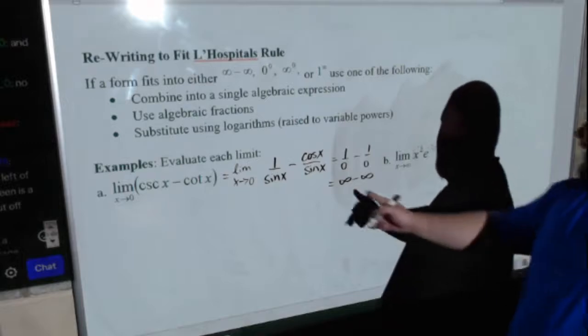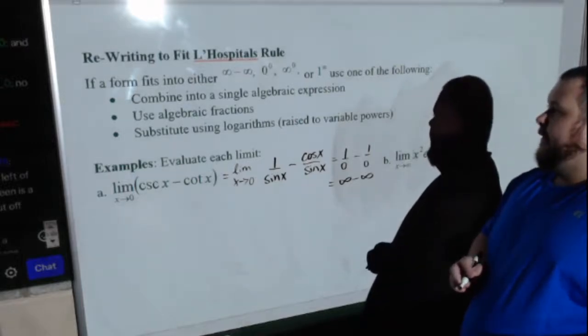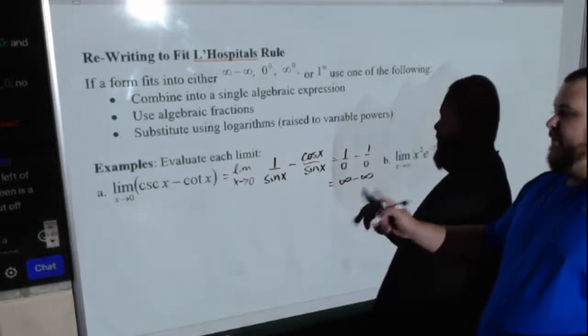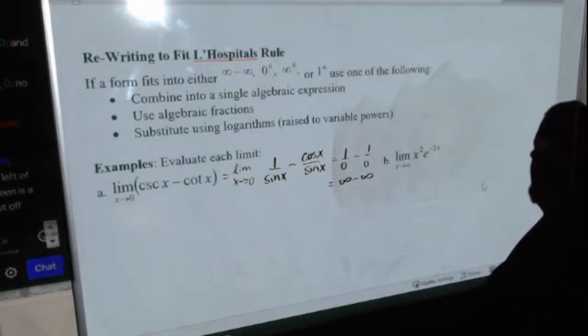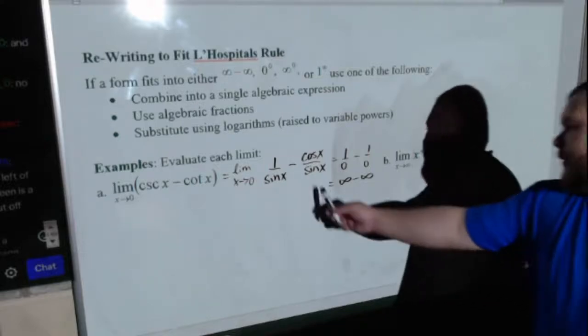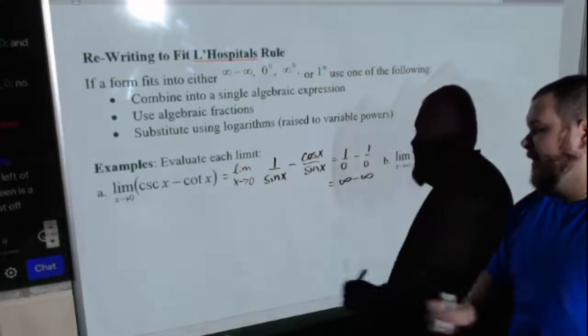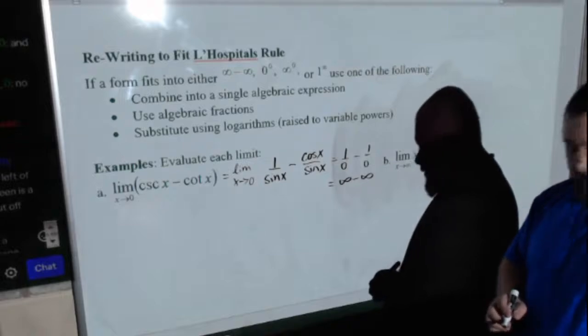We've got infinity minus infinity. So that tells us you can use L'Hopital's rule, but there is no top and bottom yet, right, to differentiate. So I've already written them out. Right, it's pretty clear that they have a common denominator, so I could put them together.